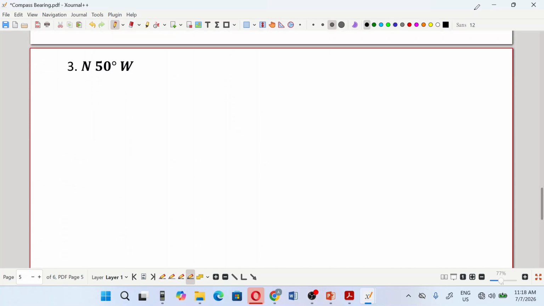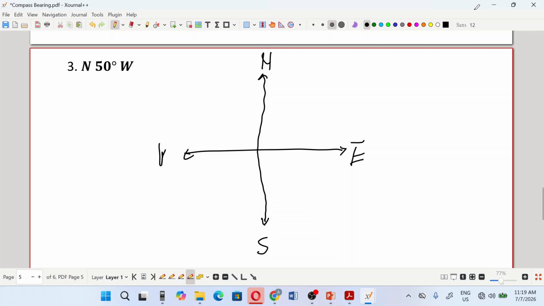It tells me north 50 degrees west. Right, so let me draw my Cartesian plane. I have my north, south, east, and then I've got my west. And I'm moving from north to west, by 50 degrees. And I know 50 degrees is going to be more than half of it, since half is 45.